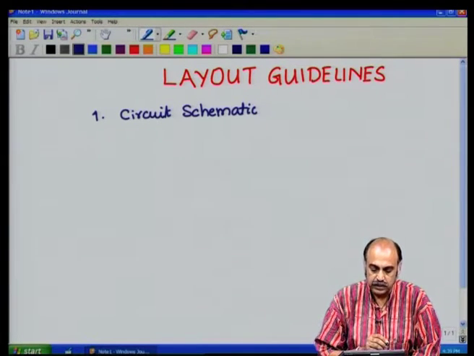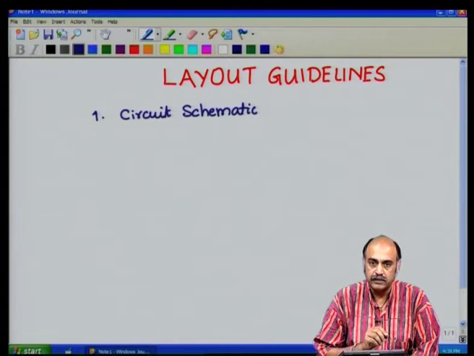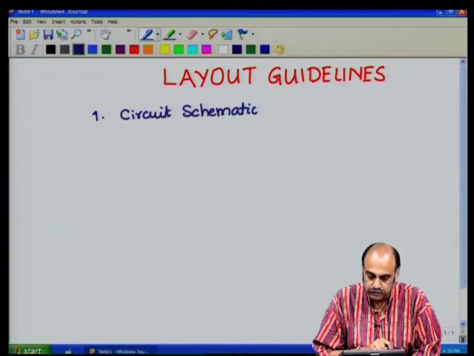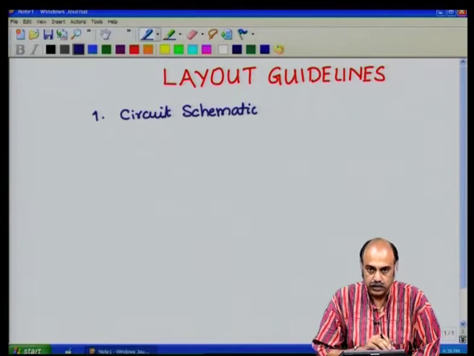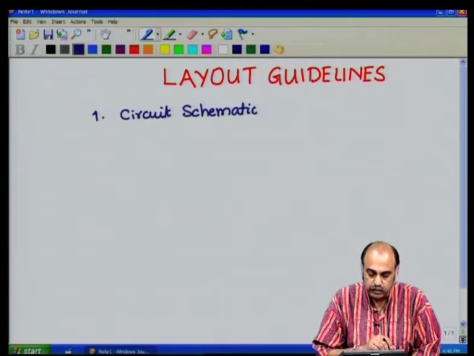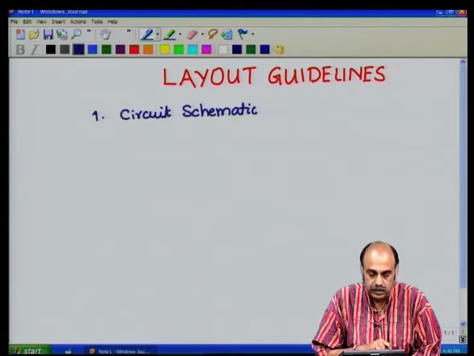You would have thoroughly analyzed the circuit, designed the circuit on paper, maybe even simulated the circuit, and after having done that, you have frozen the circuit and the values of the various components, and that circuit which you have now reasonably finalized would be the one that you put in as a circuit schematic for making the printed wiring board.